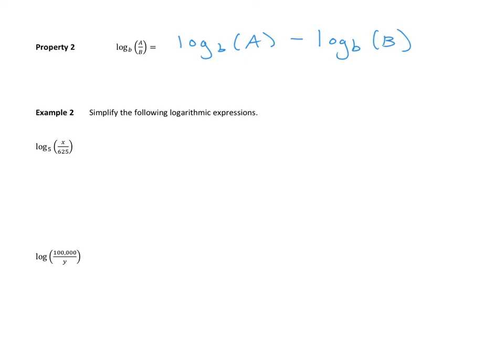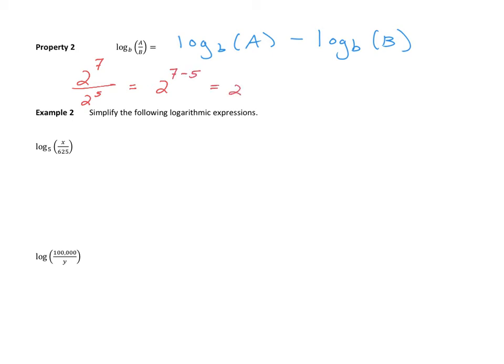So what's the reason for this? Like, why does this happen? So again, I'm going to use exponents to justify where this rule is coming from. So maybe I'll do something like 2 to the 7th divided by 2 to the 5th. Properties of exponents tell us that when dividing, you can subtract the exponents.